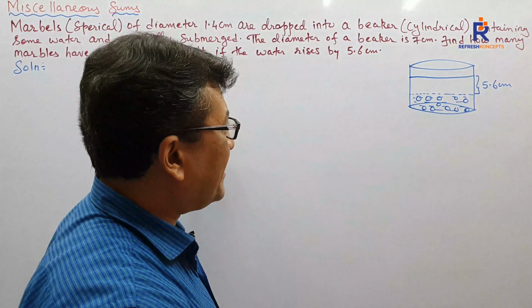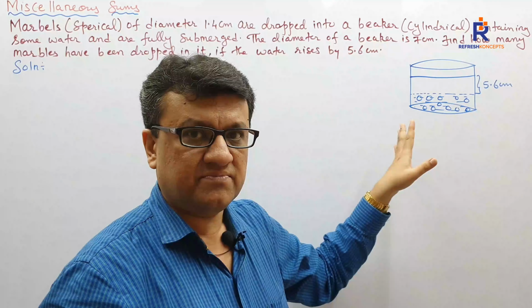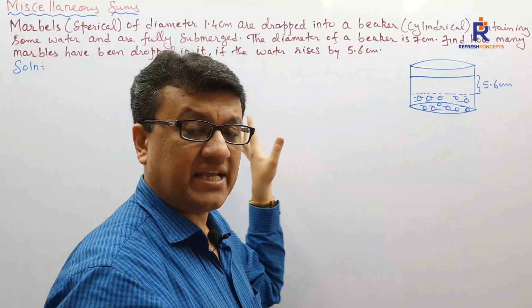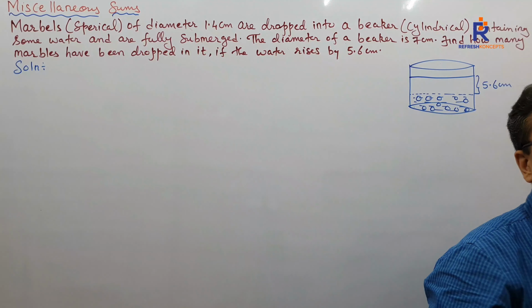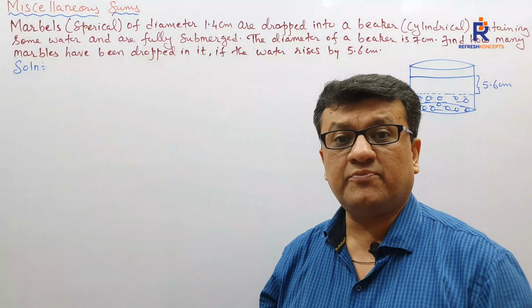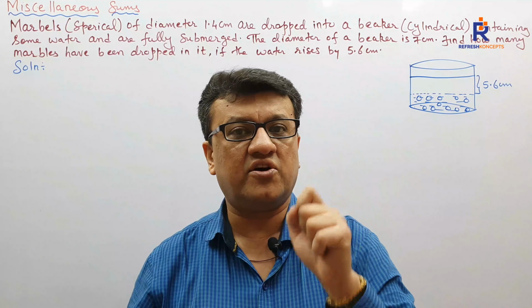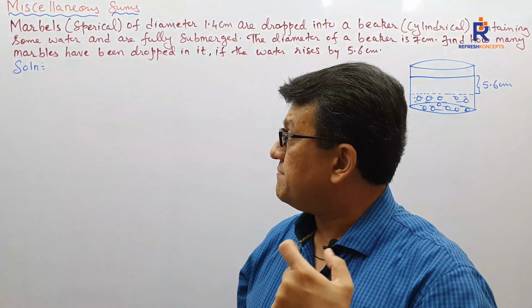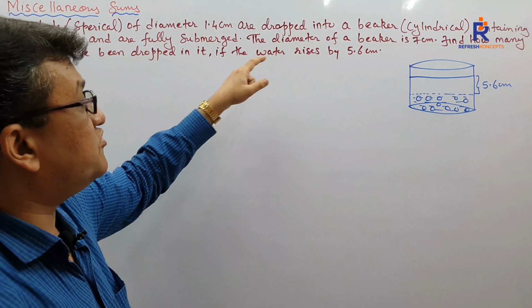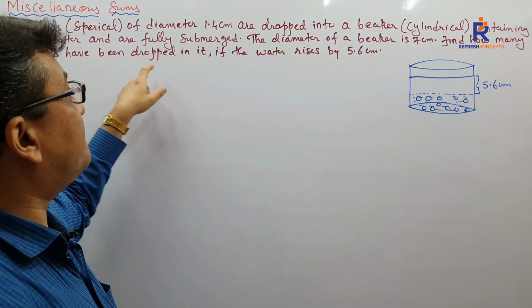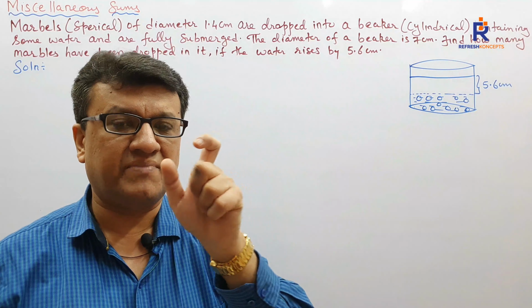Now, before I actually move, I hope my children have understood the diagram and what the actual sum is all about. Before I proceed further, I would like to give you one simple example so that we try and create a general formula. In my language, this is a problem based on number, where we need to find out how many marbles have been dropped. Means we need to find out the number of marbles.